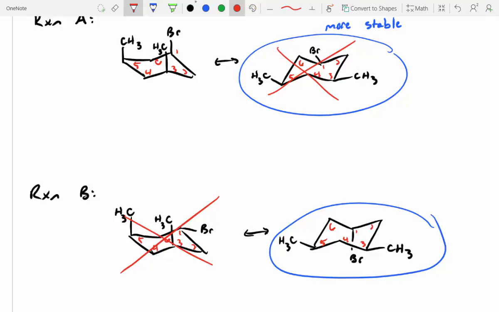So knowing that, which reaction do you think is going to occur faster, reaction A or B? B, right? B's got the more stable chair conformation with that leaving group in the axial conformation. That's a big driving force for making reaction B a slightly faster reaction over reaction A. In order to get reaction A to go, you actually have to force that chair into the less stable chair conformation, and then it can do E2, but it really prefers to be in that more stable conformation in equilibrium.